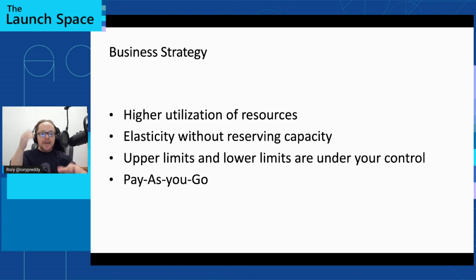So pay as you go. You shouldn't pay for what you don't need or use. Now that I've got my business strategy, let's look at some technical approaches that can really complement this business strategy.